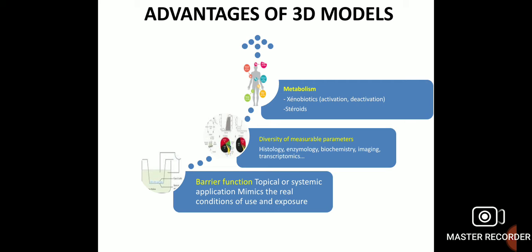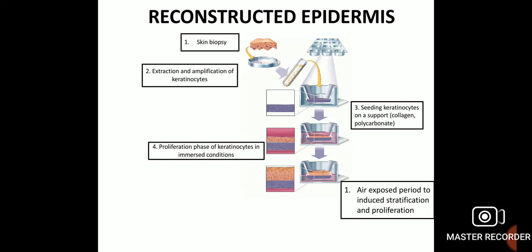Next is the diversity of measurable parameters like histology, enzymology, biochemistry, imaging, transcriptomics, and many more. Third is barrier function. You will have a particular model for checking barrier function, like topical or systemic application, which mimics the real-time conditions of use and exposure, like skin models.